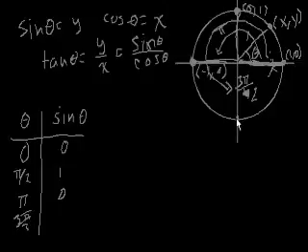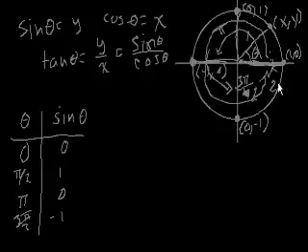Well, now we intersect the unit circle down here at the point 0, -1. So now sine of theta is equal to -1. And then if we go all the way around the circle to 2 pi radians, we're back at this point again. So when we're at 2 pi, sine of theta is now 0 once again.